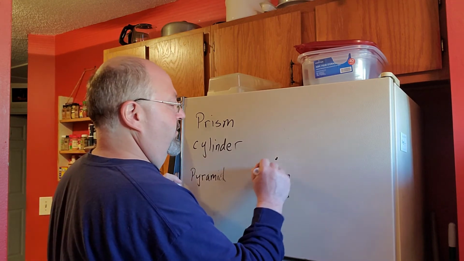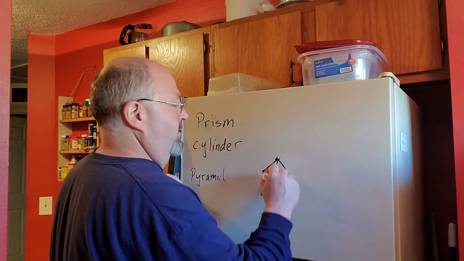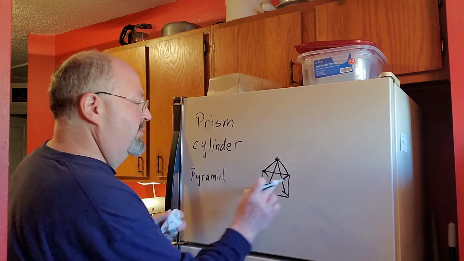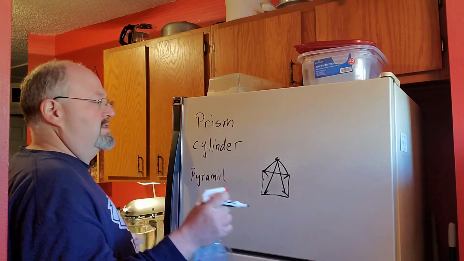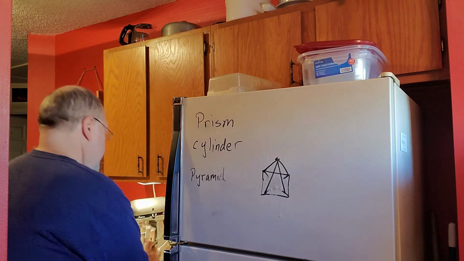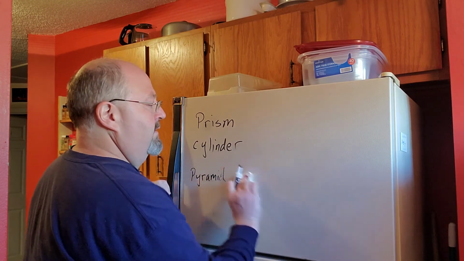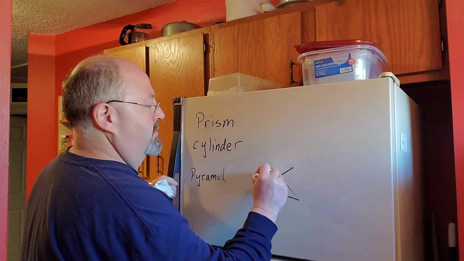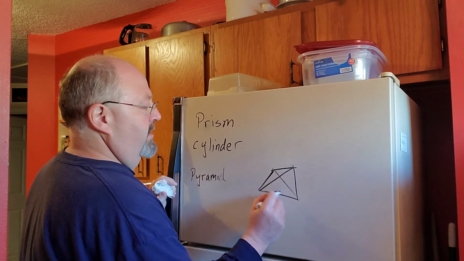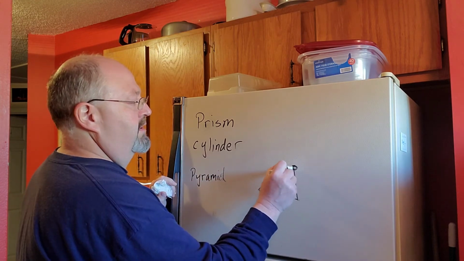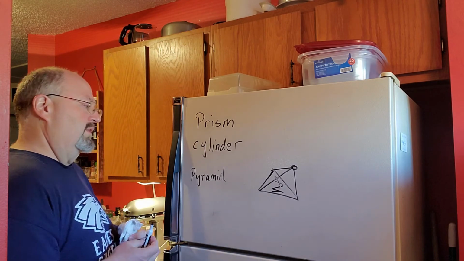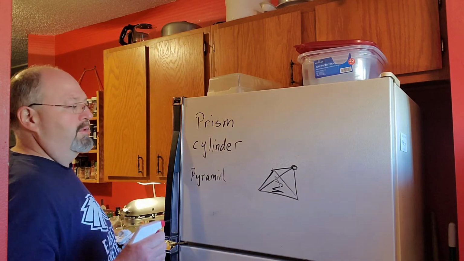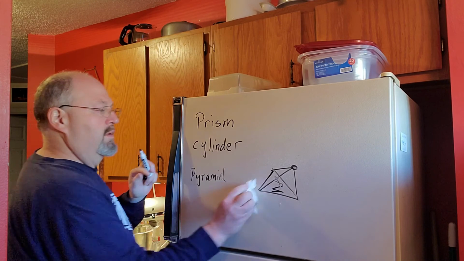But pyramids do not have to have rectangular bases. You can have a triangular one. So you've got a triangular base, and then they all meet at a common vertex. So that is the pyramid.